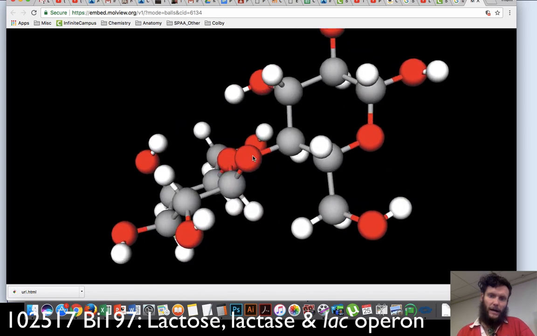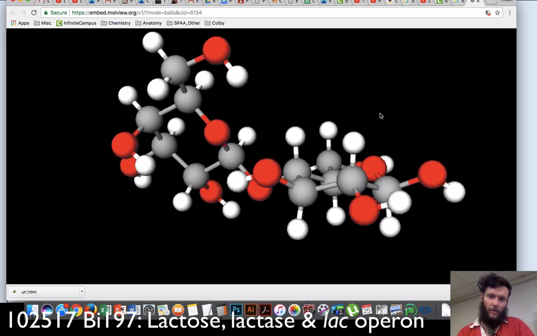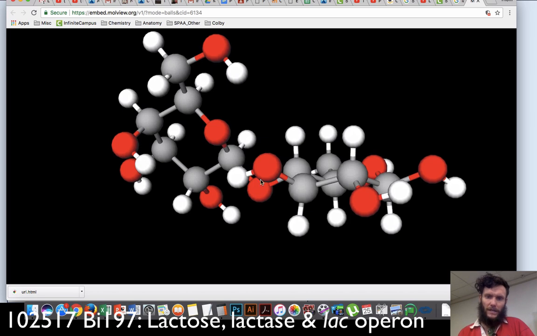And on the other side, we have glucose. Here's C1, 2, 3, 4. This is equatorial. It's not pointing at us when we're looking down the axis of the ring. And when we look in the plane of the ring, we see that it's also laying in the plane of the ring. And instead, it has a hydrogen sticking up axially.